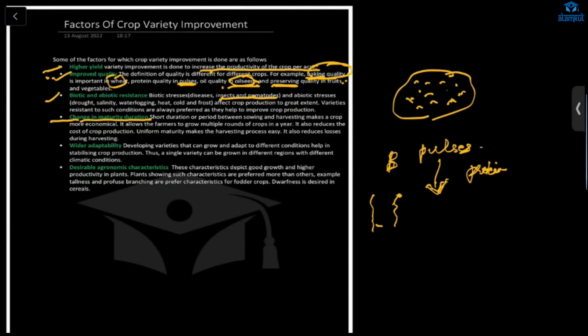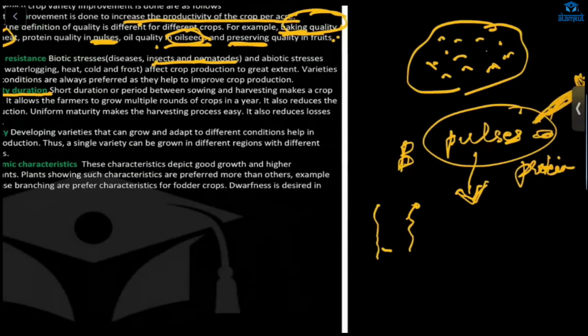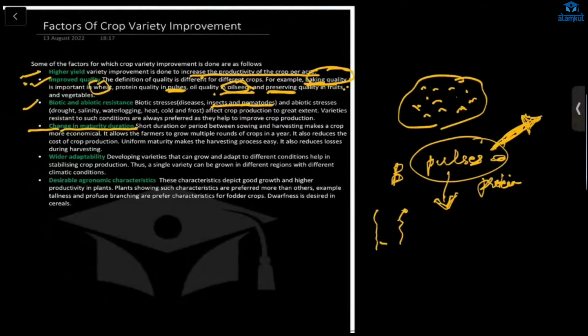Suppose pulses are taking more time. What are we doing? We are making them harvestable sooner, so that we can plant the next crop soon.